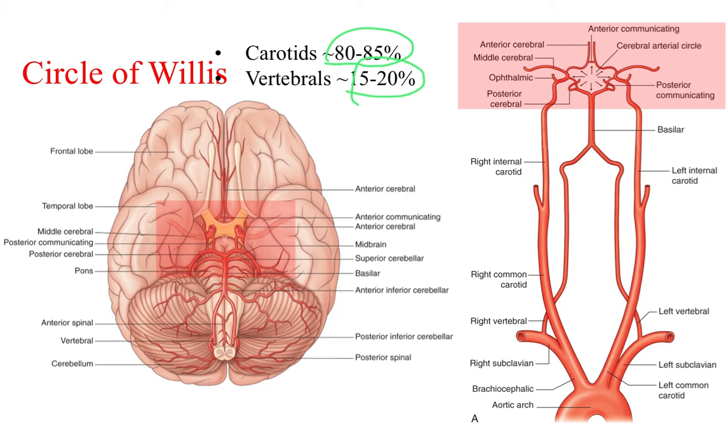That, like many other spots where we saw connections between arteries, allows for continuous circulation of the brain, even if one side happens to be compromised, or one particular artery happens to be compromised.